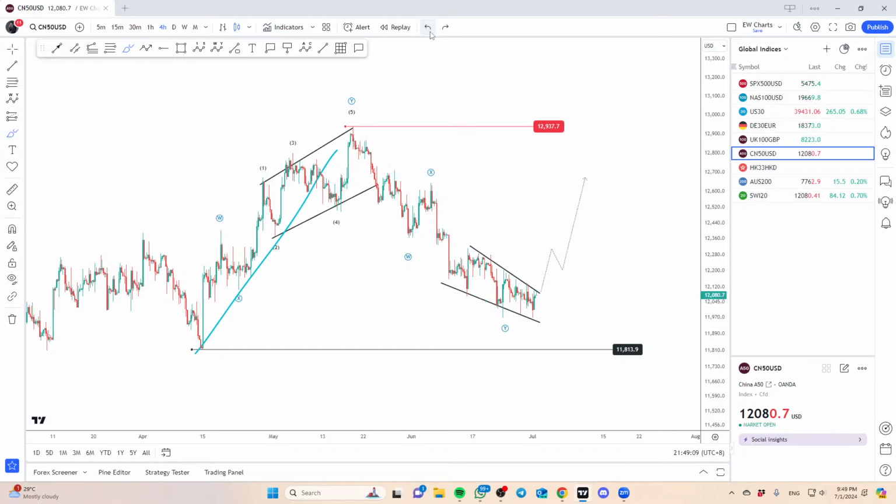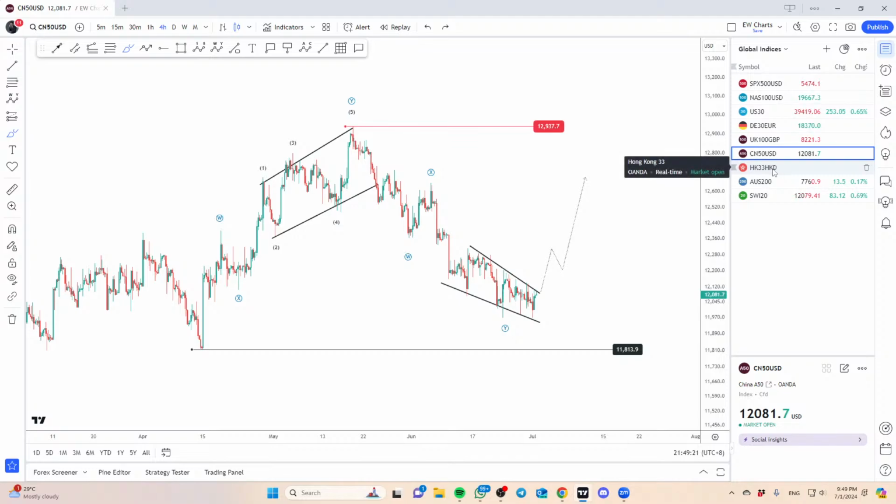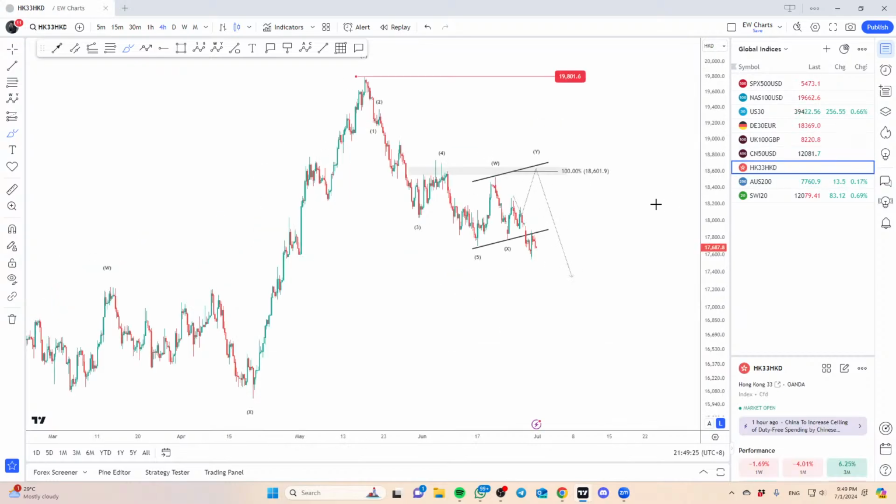Okay, so that confirmation, of course, is that impulsive break, corrective pullback. Then that will open up upside. Right? I think this is pretty clear, right? For those of you interested in A50 China stocks, this structure is potentially building into something. Updating on Hang Seng here.